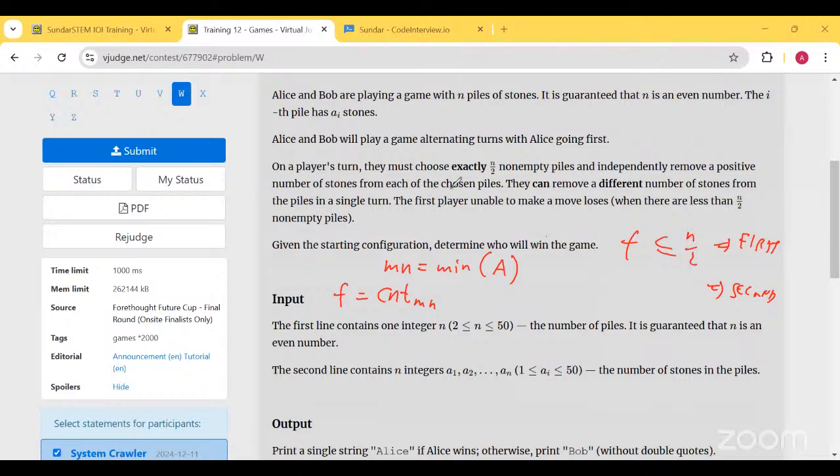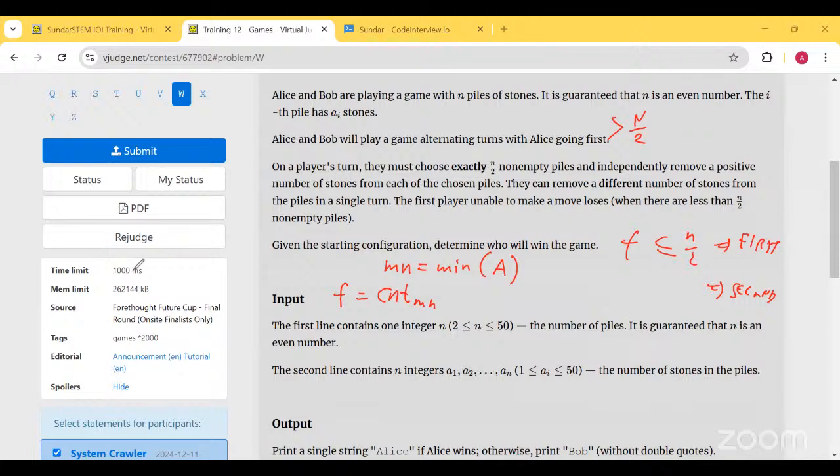All right. So a player loses the game when he gets more than n minus 2 minimal values. How to do that? In order to do that, just avoid reducing to the minimum value.